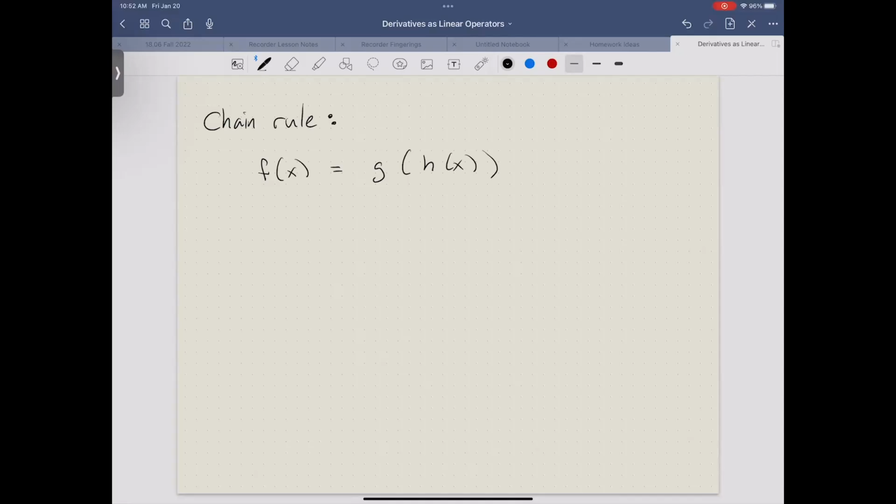And g takes whatever the output space of h is and gives you some other vector as output. So for example, x could be a column vector, and then h of x takes a column vector and produces a matrix, and then g takes a matrix and gives you a scalar, for example, like a determinant.